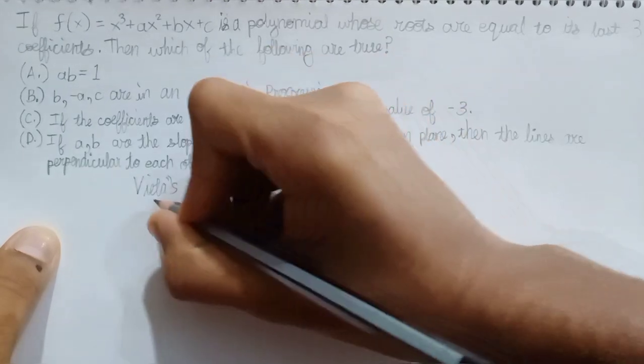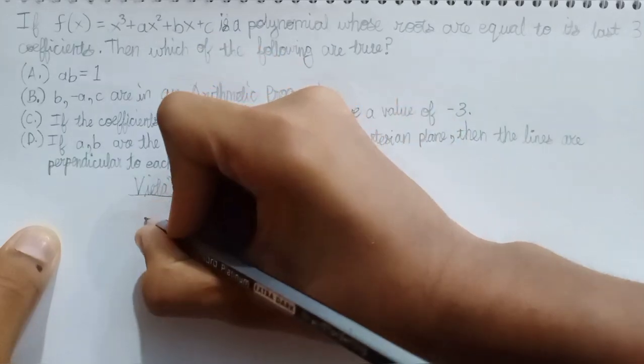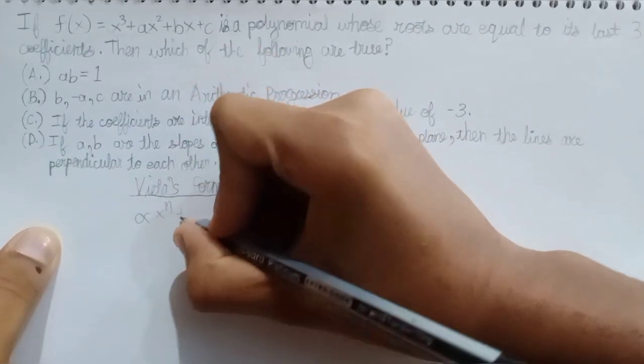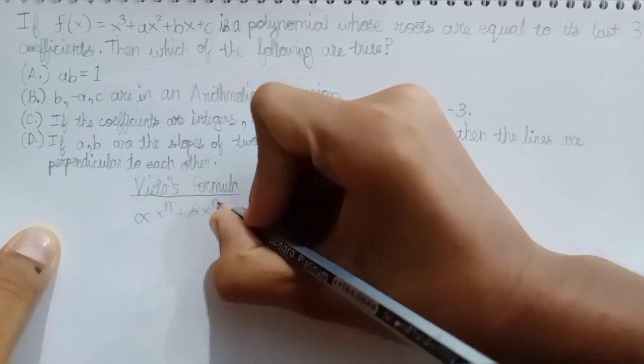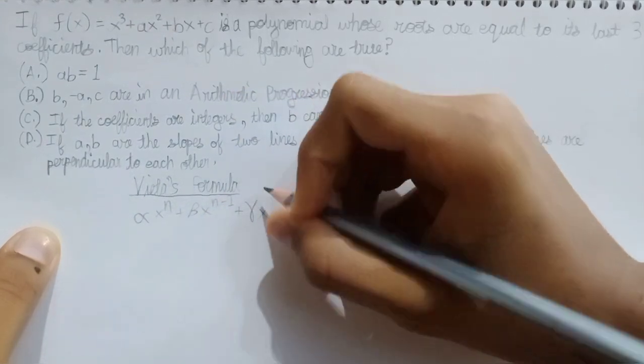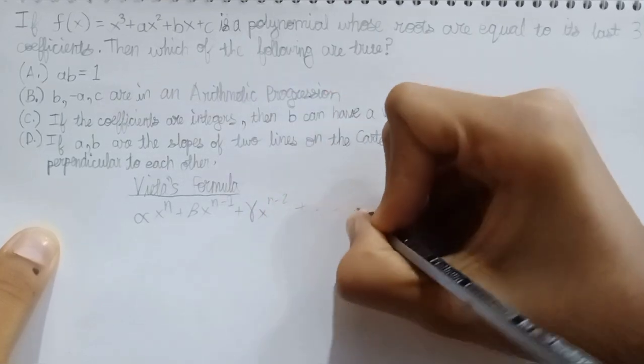It is a very important formula or theorem. Suppose you have a polynomial like alpha x to the power n plus beta x to the power n minus 1 plus gamma x to the power n minus 2, and so on.